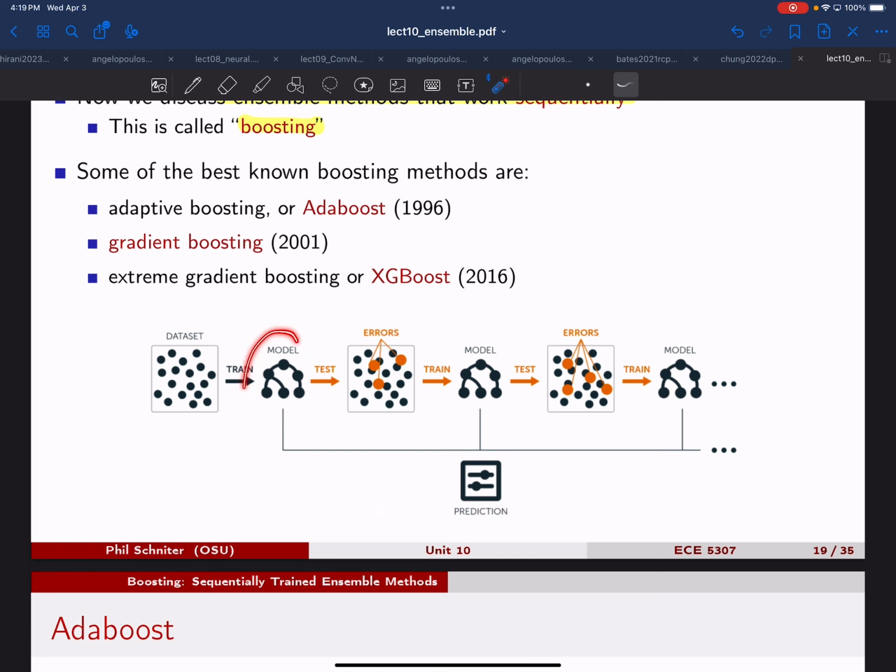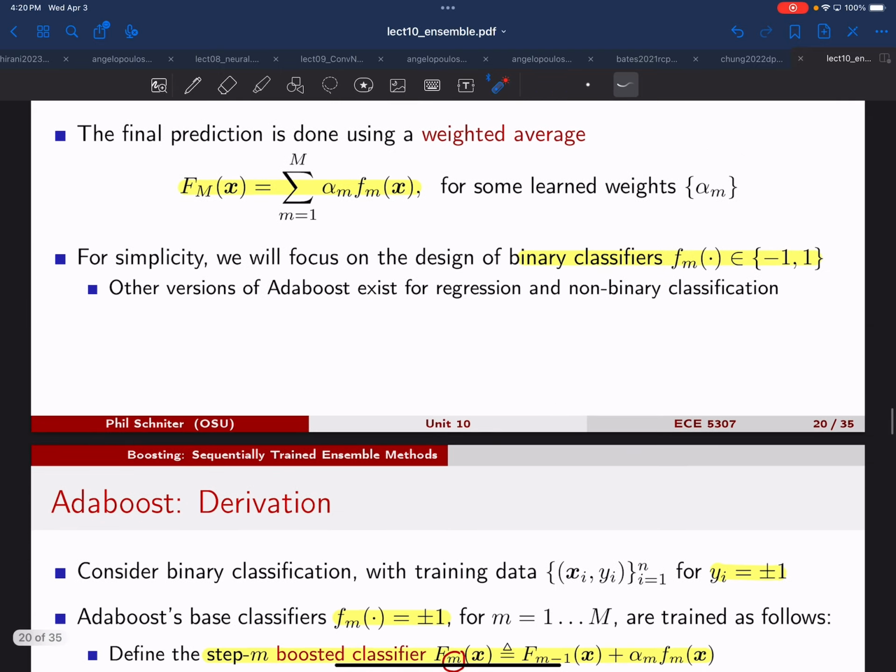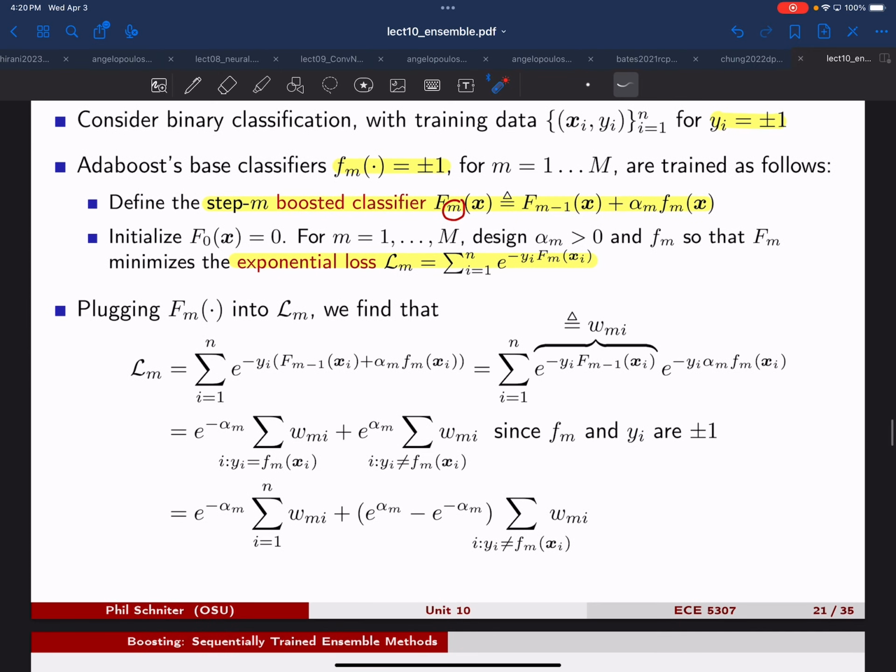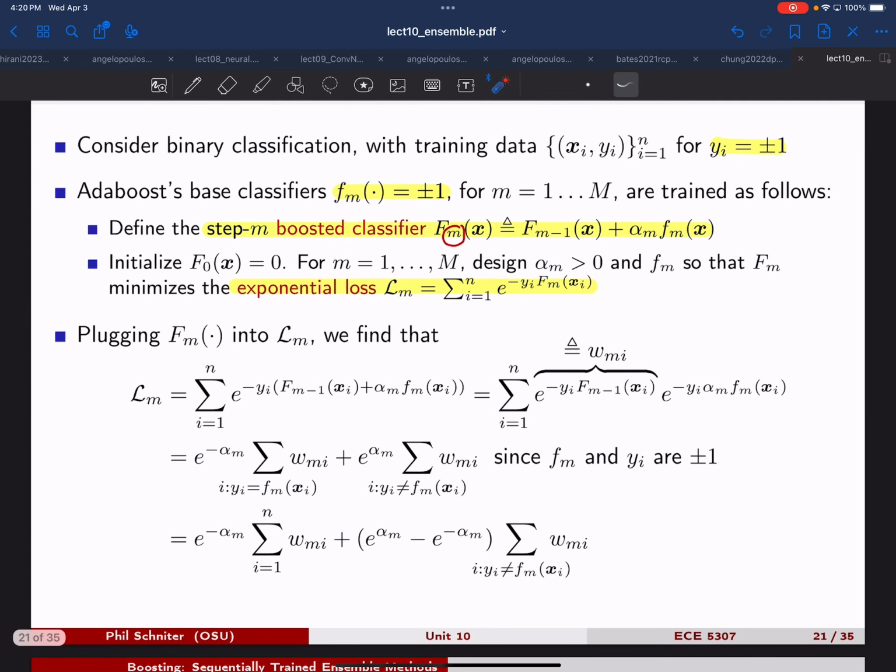The first time we start with this. The second time we combine those. The third time we combine these, and so on. And so we're saying, okay, before we have this, we have nothing. That's what it means to set capital F to 0. Okay. Any other questions? Okay.